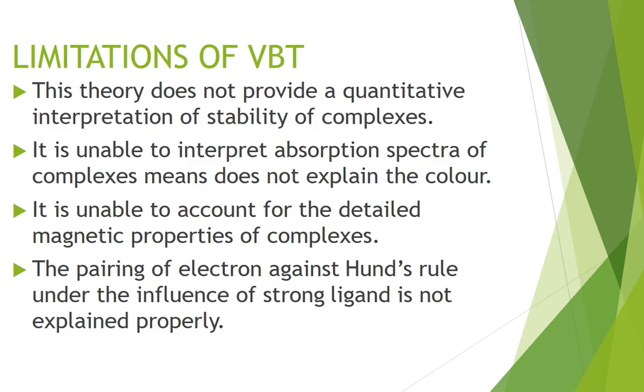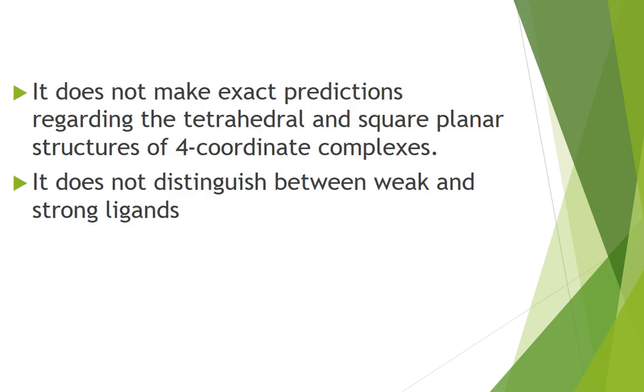It is unable to account for detailed magnetic properties of the complexes. Pairing of electrons is not explained properly. Why under strong ligand does it get paired? It doesn't make exact predictions regarding tetrahedral and square planar complexes. It fails to distinguish between weak and strong ligands.